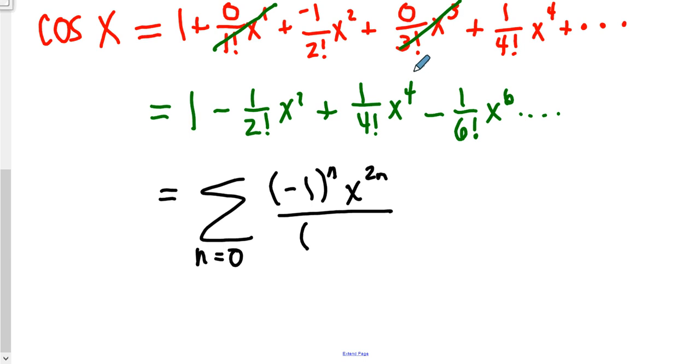The exponent here and the factorial here are the same number. So this exponent of 2n means this is 2n factorial. Boom. That, my friends, is the infinite series that is a polynomial that represents exactly cosine.